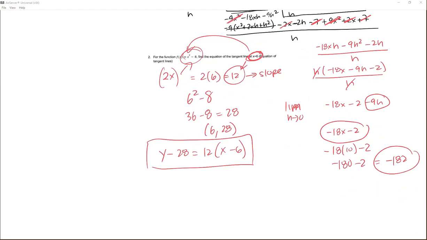But make sure, again, you do the difference quotient, what we did for number 1. You have to plug it into that formula. All right. That's good? Okay.